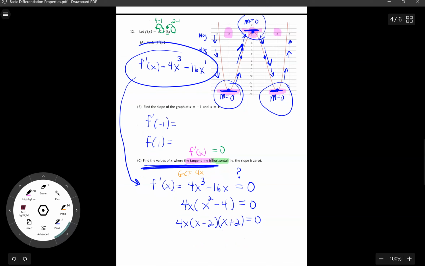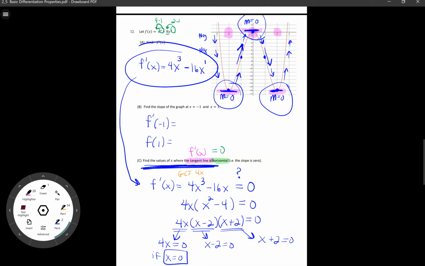But then we have 3 things multiplying. We have a monomial times a binomial times a binomial. They're all multiplying to 0. So either 4 times x equals 0, or x minus 2 is equal to 0, or x plus 2 is equal to 0. And then you solve those individually. The only way 4 times x can be 0 is if x is 0, right? The only way I can get 0 is if I multiply by 0, so x has to be a 0.